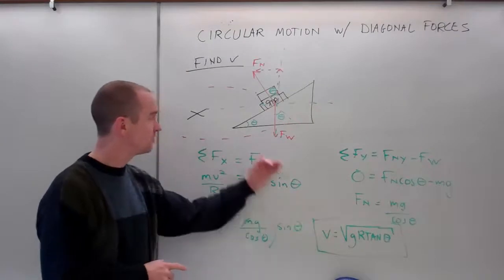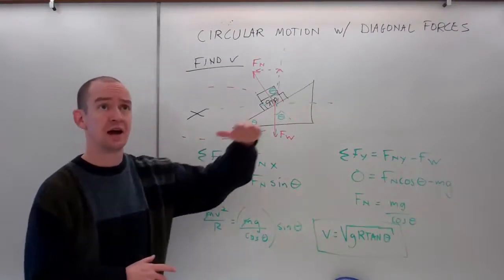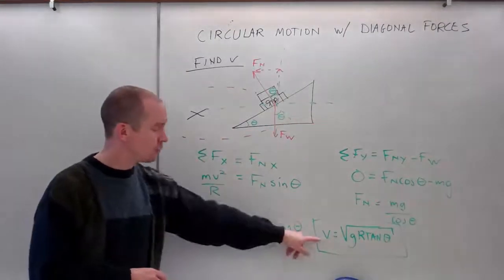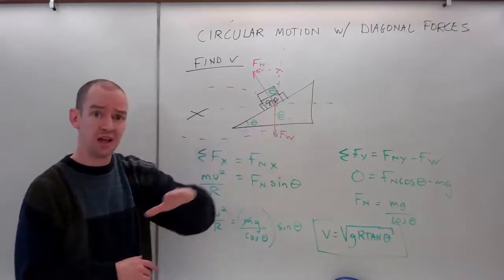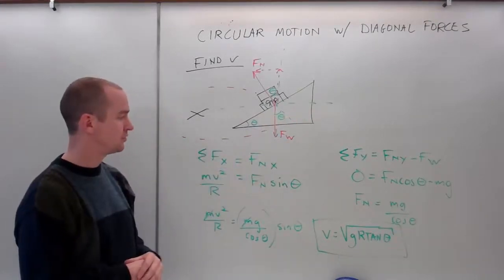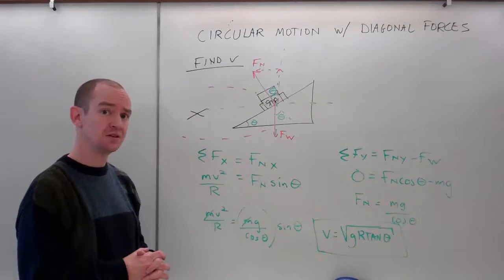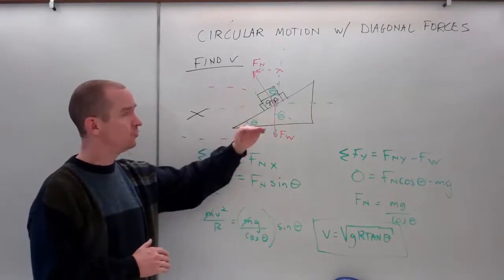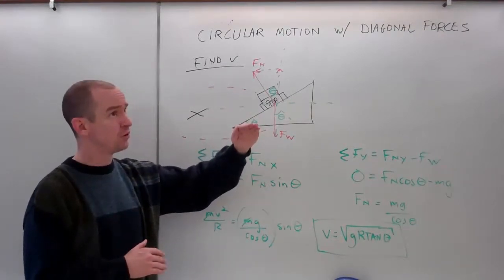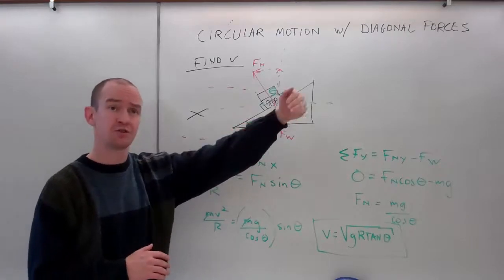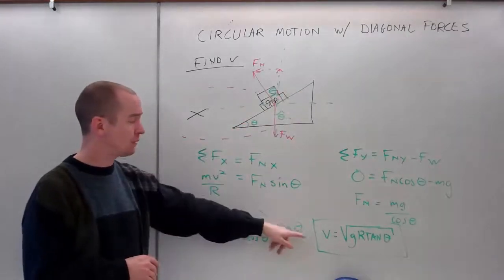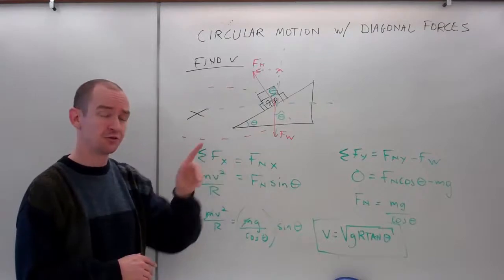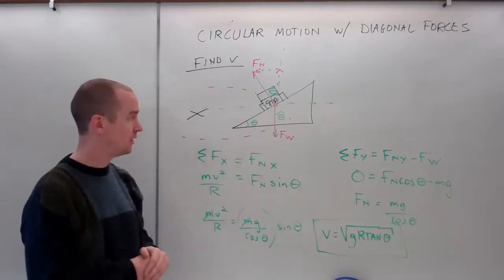Any faster than this, and I would travel out of the curve. Any slower than this, and I would start to slide in. So friction would help fight that tendency. If I were going too fast, I try to slide this way, so friction would point down the incline. If I was going too slow, friction would point up the incline.